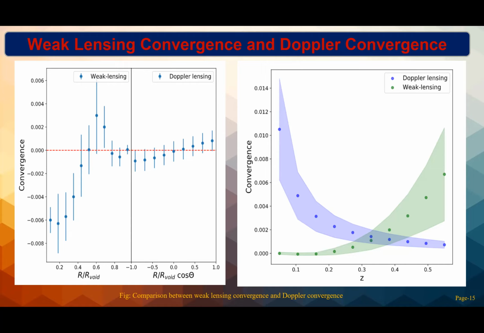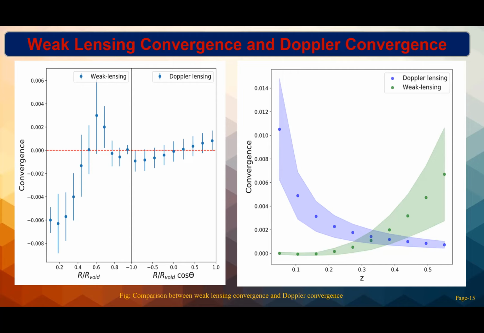at the void edge, because the number of galaxies and the density distributions as well as the velocity distributions of those galaxies are higher at the void edges than the void centers.